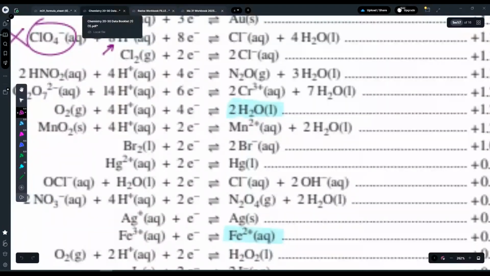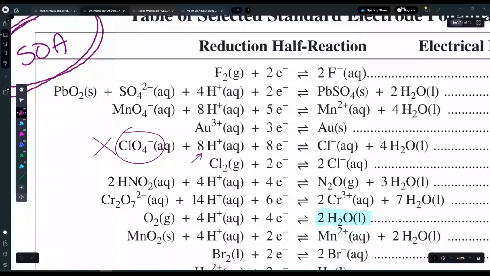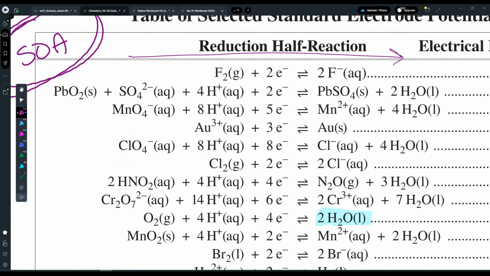So what that means is when you find a reaction that you can use for the reduction reaction, you're going to write them from left to right as they appear in this table here. But for the oxidation reaction, you're going to write it from right to left.